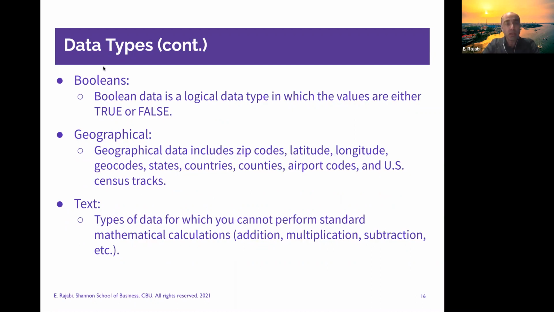In other categories, we have booleans, true or false. Our data type might be geographical, that points to a location on a map, for example, countries, codes, states, these kinds of things. And we have text, a type of data for which we cannot actually perform a standard mathematical calculation. We need to leverage other techniques to visualize text data, right?